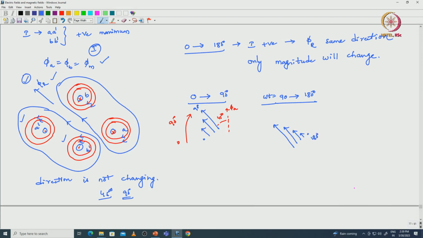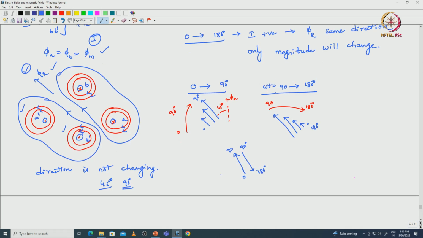So, here the magnetic field resultant vector magnitude is coming down from 90 to 180 degrees. These two things we can represent in this manner. It is increasing from 0 to 90, then decreasing to 0 from 90 degrees to 180 degrees.